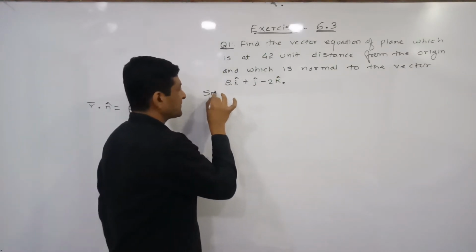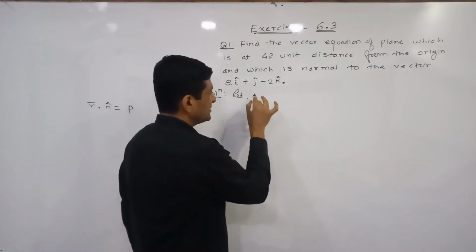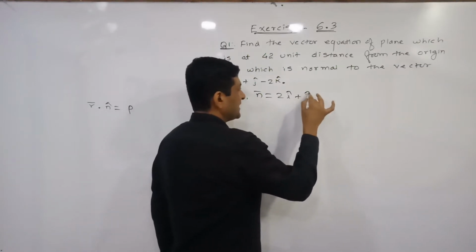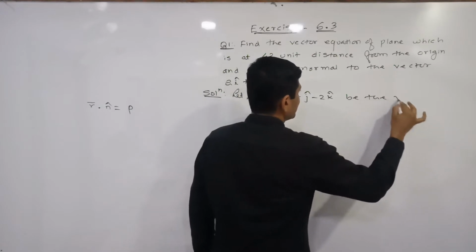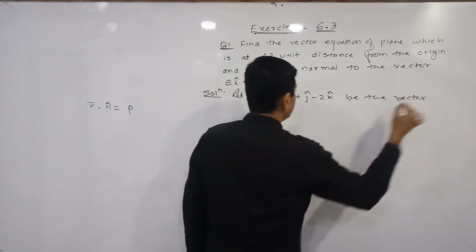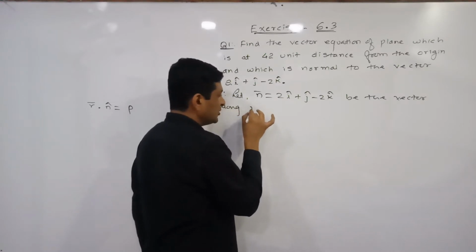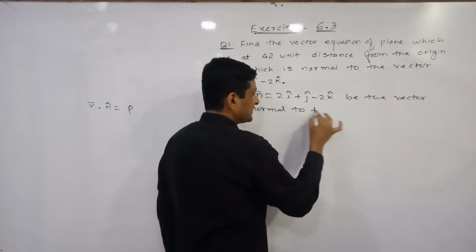So let us denote this vector by n bar is equal to 2i cap plus j cap minus 2k cap, the vector along the normal to the plane.